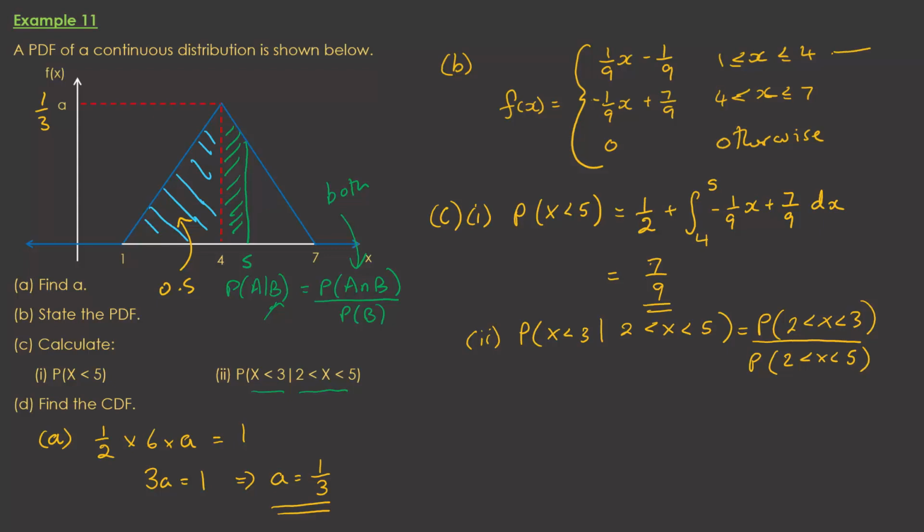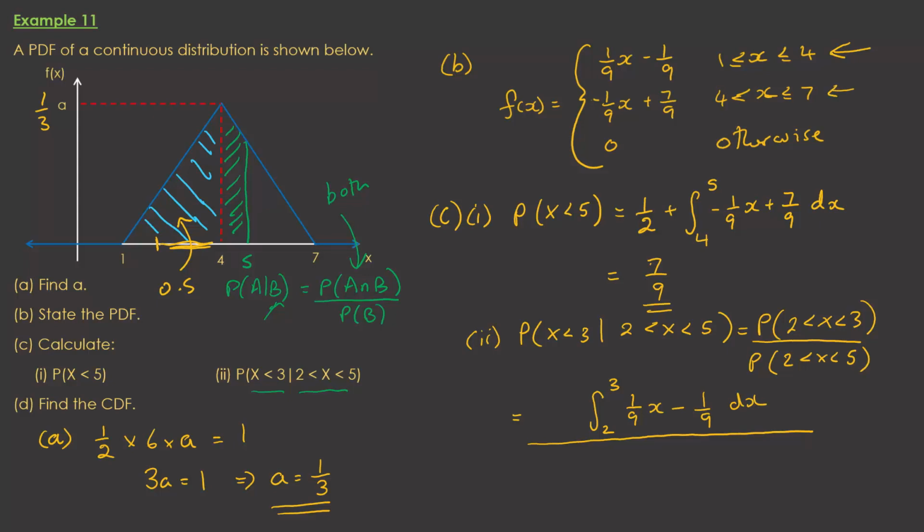Now between 2 and 3 means that's all happening within this part of the PDF. So we could do that as the integral from 2 to 3 of 1/9 x take away 1/9. But then we need to divide that by, if we're going from 2 to 5, 2 to 4 is within this first one, but 4 to 5 is in this second one.